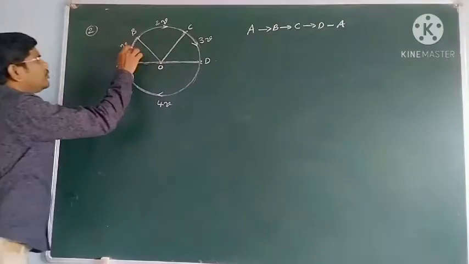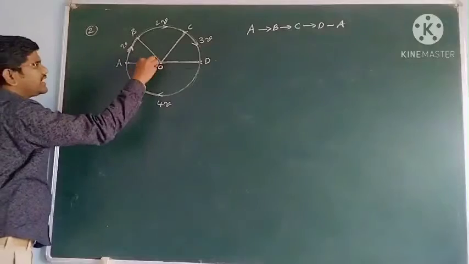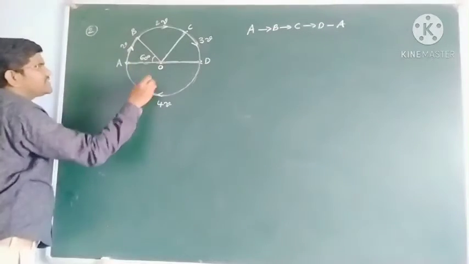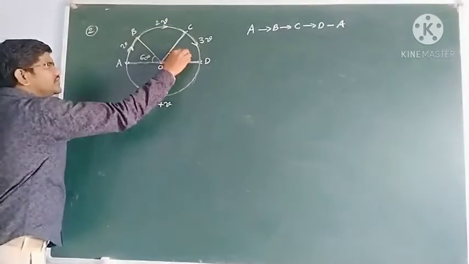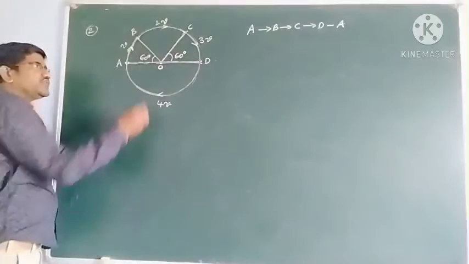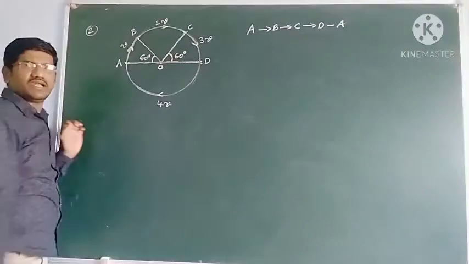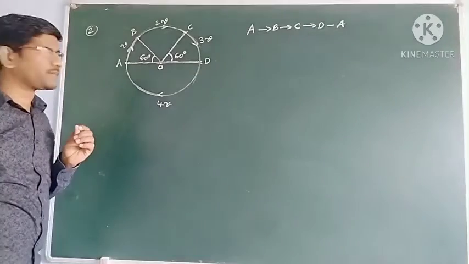So now A to B maintaining speed is V, and this angle they will give you, for example I have given 60 degrees and this angle also I have given 60 degrees. So angles I have given like 60 degrees and 60 degrees.